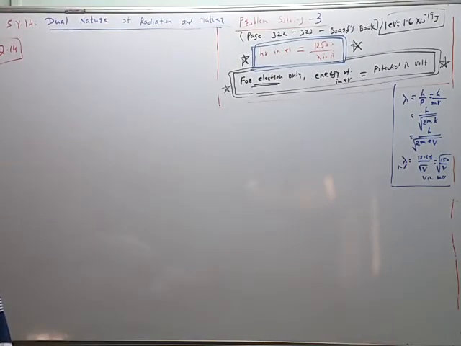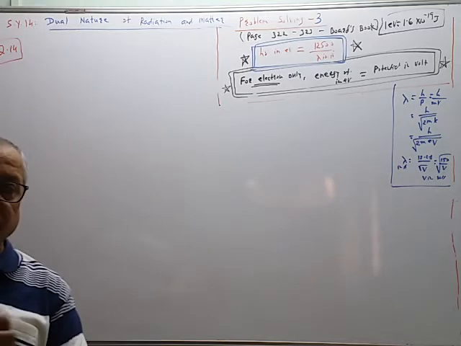Question number 14. The de Broglie wavelengths associated with an electron and a proton are the same. What will be the ratio of their momenta and their kinetic energy? So we will use suffix e for electron and p for proton. What is the given quantity?